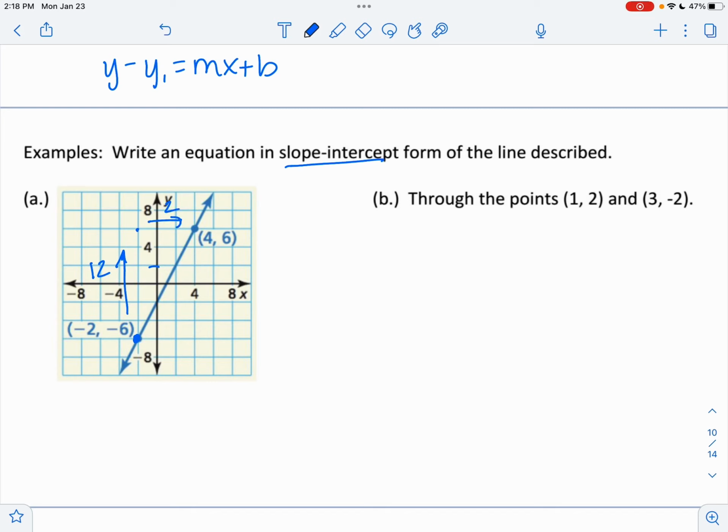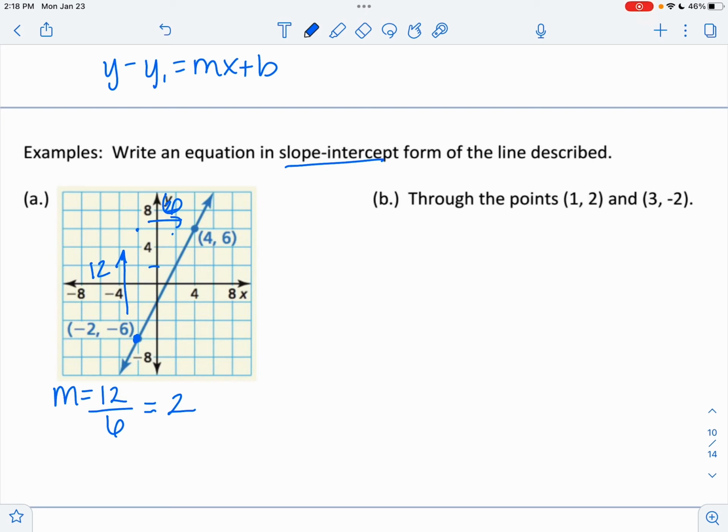That's 6. Sorry, I was thinking about what the slope is, not how much I was counting. So again, the run is not 2, it's 6. So my slope is 12 over 6, which simplifies to 2.